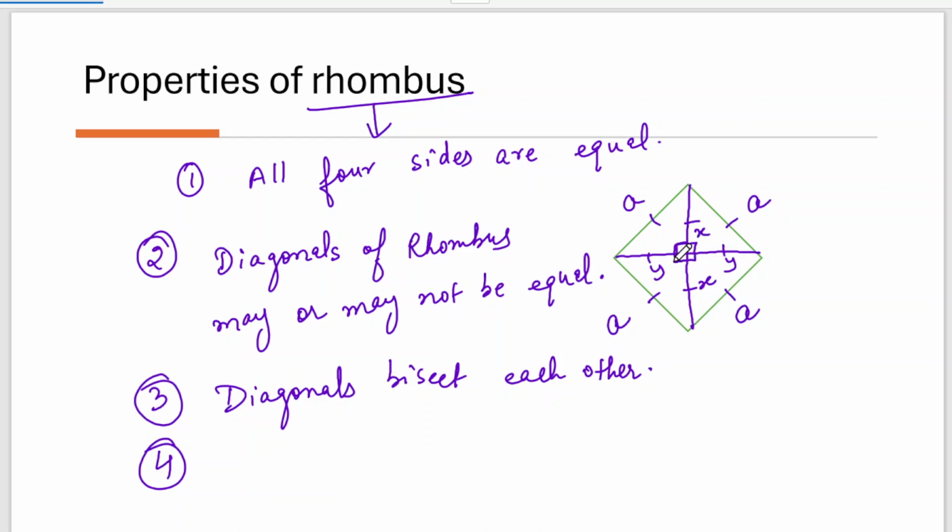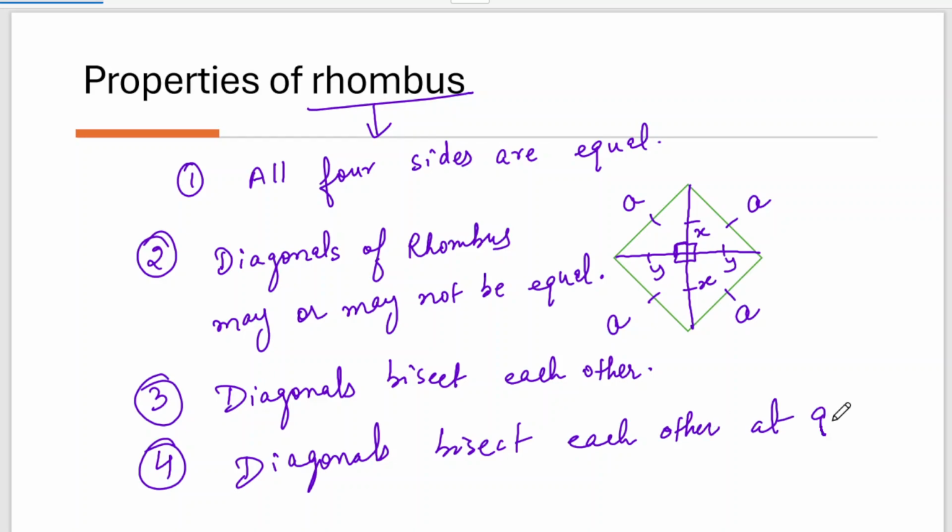They are making 90-degree. Okay, so we can say diagonals not only bisect, but they bisect each other at 90-degree. Okay, so these are the important properties related to rhombus.